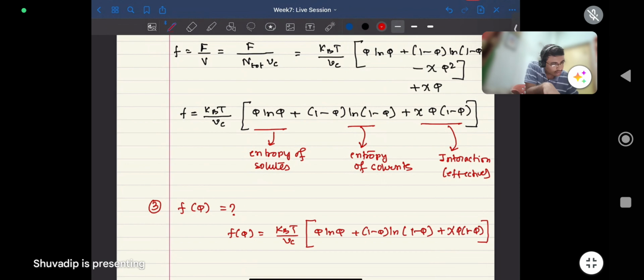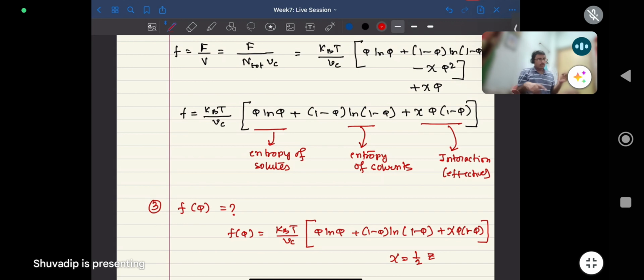Now in this case you can write chi explicitly as half into... so there is a little bit of a problem here.